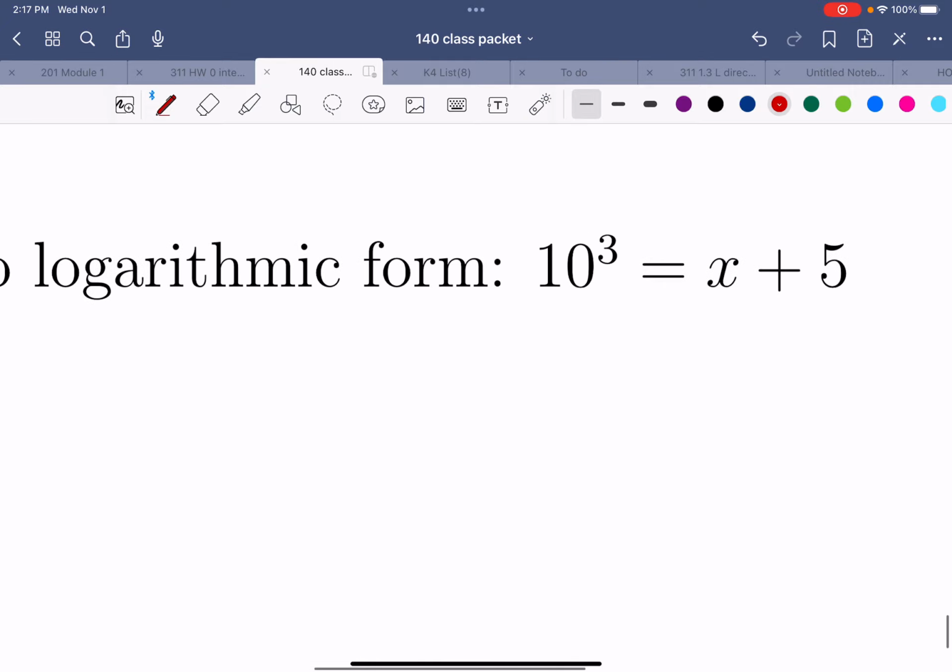Here we go with another one. This time our base is 10. Okay, so we know that this is our base, so that when I write down my logarithmic form, I don't have to write a base, right? Because that's our common log, is you can write log without a number. I have 3 as my exponent. And this is my answer.